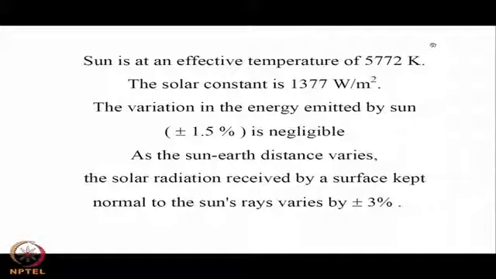And with the sun's effective temperature of 5772, the solar constant which we already said as 1377, and as the sun earth distance varies, the solar radiation received by a surface kept normal to the sun's rays will vary by plus minus 3%, that is 1 plus 0.033 cos 360 n by 365. Cosine function will vary between minus 1 to plus 1. So, that is about 3%.